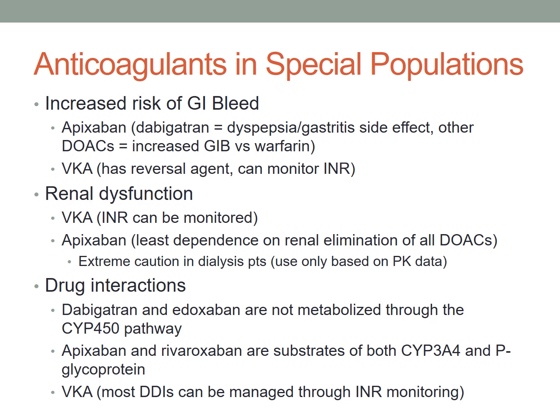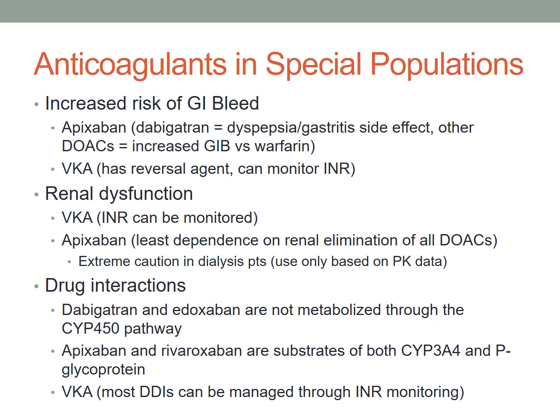With drug-drug interactions, no real recommendations here, but more just an awareness of if we have a patient who is on a medication that is metabolized through the CYP450 pathway, remembering that dabigatran and edoxaban are not metabolized via that pathway. Apixaban and rivaroxaban are both substrates of both CYP3A4 and P glycoprotein, so taking that into consideration.